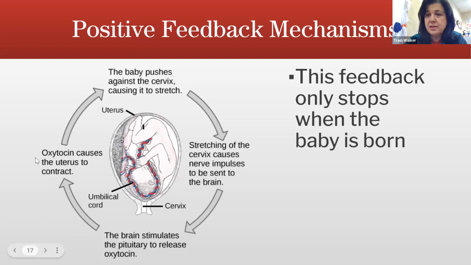So more oxytocin causes the uterus to contract more. As the uterus contracts more, the baby's head pushes on the cervix, causing it to stretch. As the cervix stretches more, that sends nerve impulses to the brain. The brain tells the pituitary gland to produce more oxytocin, and the cycle just continues until the baby's born. Once the baby's born, it all stops.